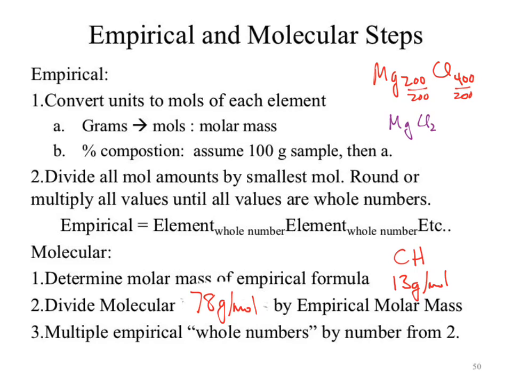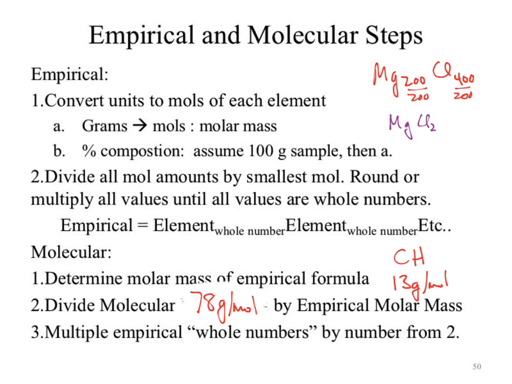So what I want to do is take that 78 and divide it by the empirical mass. So what's 78 divided by 13? I think it's like 6.02. Or actually I believe it's exactly 6.